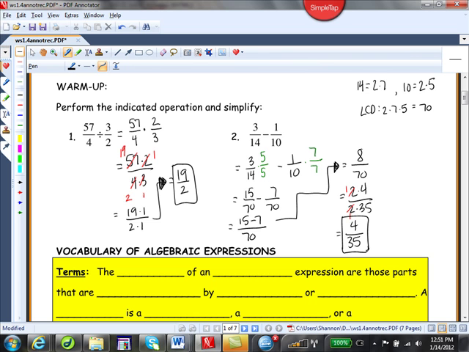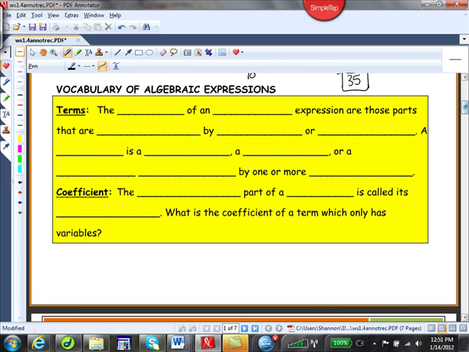Okay, so we start the lesson by talking about the vocabulary of algebraic expressions. So here we are. Terms. The terms of an algebraic expression are those parts that are separated by addition or subtraction.